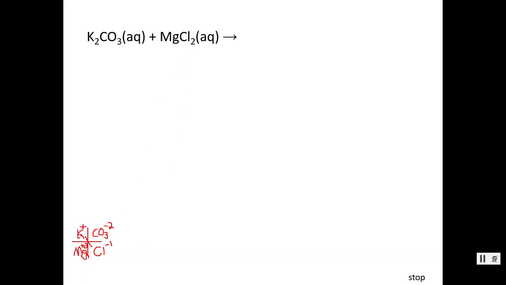Doing my little crisscross, and I know I've kind of written small here, but I can see that my products are going to be KCl, 1 potassium, 1 chloride only needed, so the charge equals 0, plus magnesium carbonate. Magnesium's a +2, carbonate's a -2, so I just need 1 of each. Using the solubility rules, I see potassium chloride is aqueous and magnesium carbonate is insoluble.